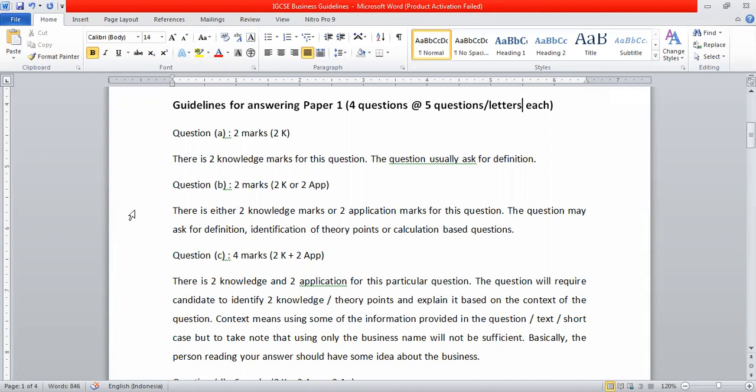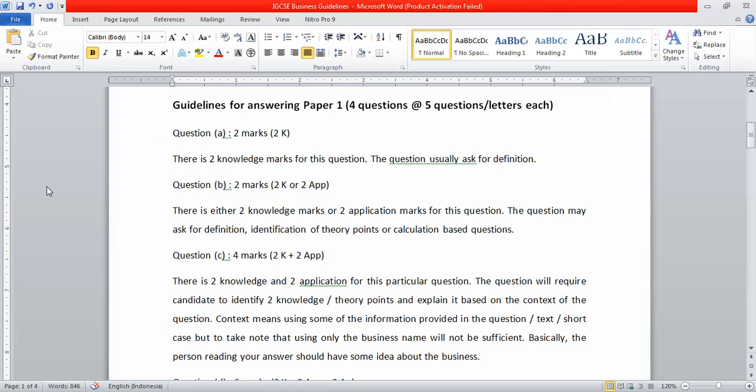You can also be asked to identify theory points, like list down the characteristics of entrepreneurs, or list down the 2 leadership styles, or list down the 2 sources of finance. Only listing down. Or you can also be asked to calculate the revenue of the business, using a formula that you have to write. 2 marks for question B.